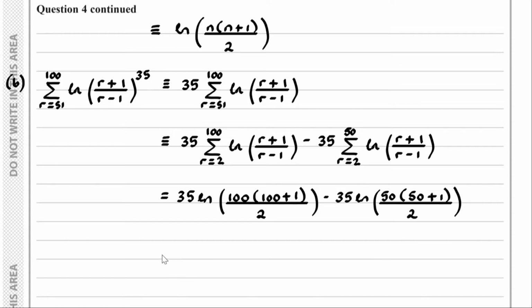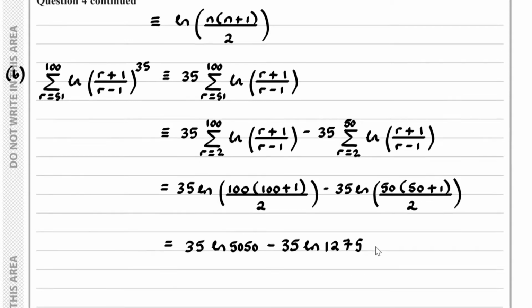So we have 35 times the natural log of 5050 subtract 35 times the natural log of 1275.